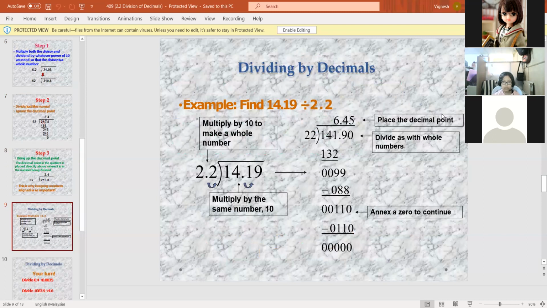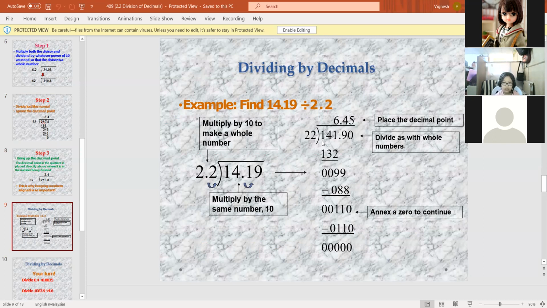Another example here. 14.19 divide 2.2. How? Teacher said you can move one decimal point to your right, it becomes 22, and then move one more decimal point for the question, it becomes 141.9.